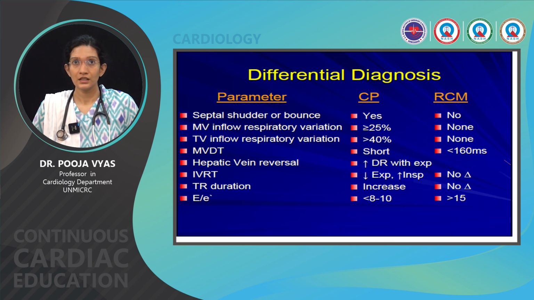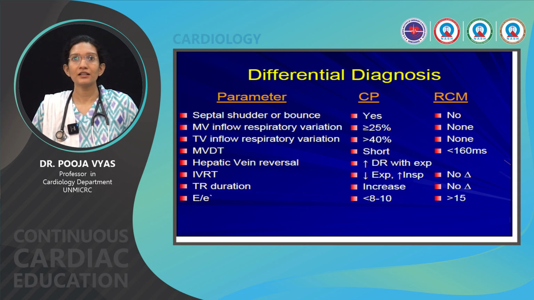The differentiating features between constrictive pericarditis and restrictive cardiomyopathies: septal bounce doesn't happen with RCM, it happens with constrictive pericarditis. Mitral inflow respiratory variation will be more than 25% in constrictive pericarditis, while there will be no respiratory variation in mitral valve inflow.